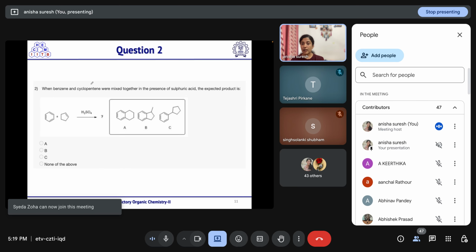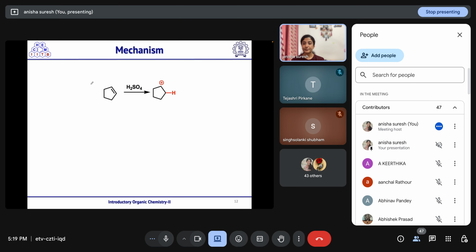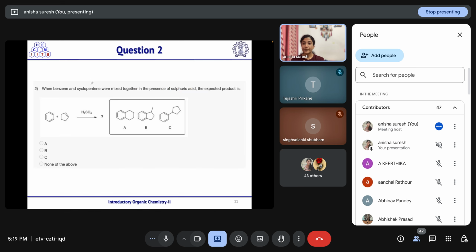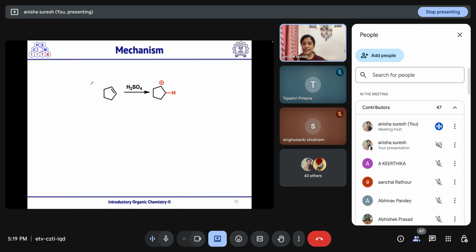So let us see what is happening here. We have H2SO4 as the reagent. So in the presence of H2SO4, the cyclopentene will lead to the formation of this carbocation, which is a secondary carbocation. Then what will happen?